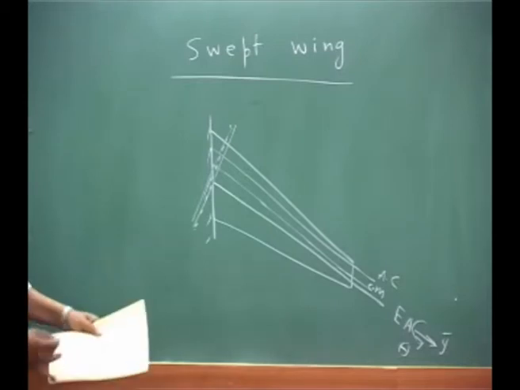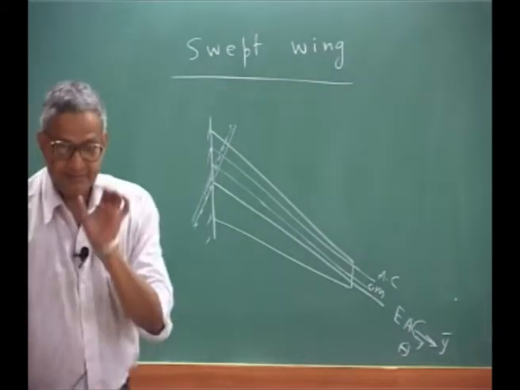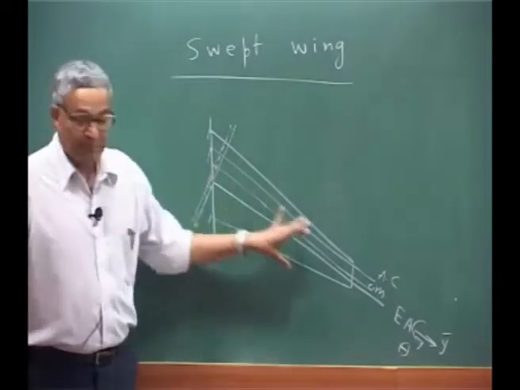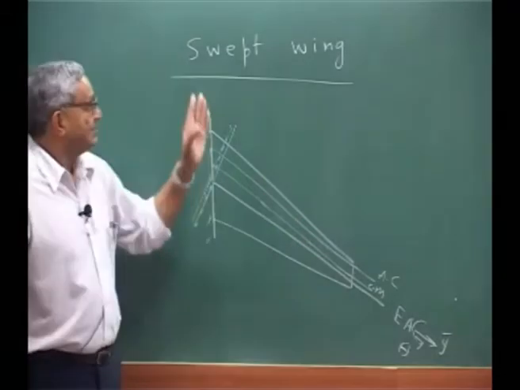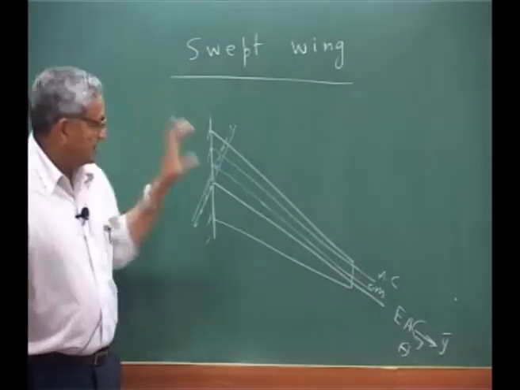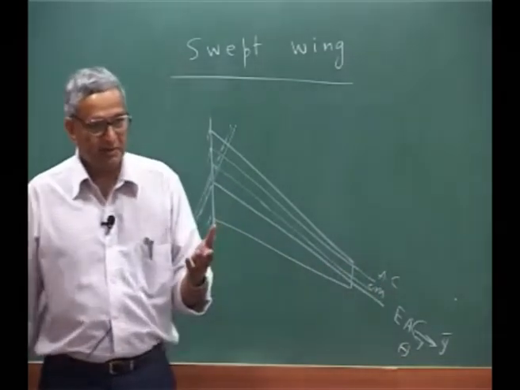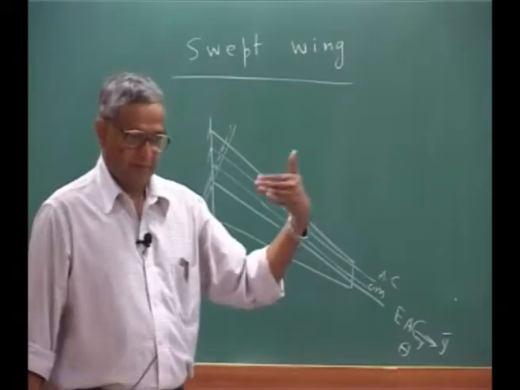Okay. So this is what is formulated when you are talking about swept wings. Whereas for a straight wing, we took the elastic axis, we didn't bother about the bending problem.